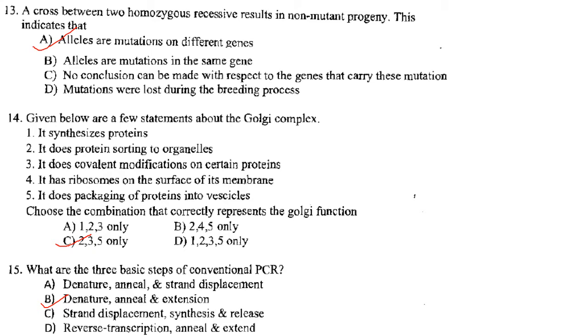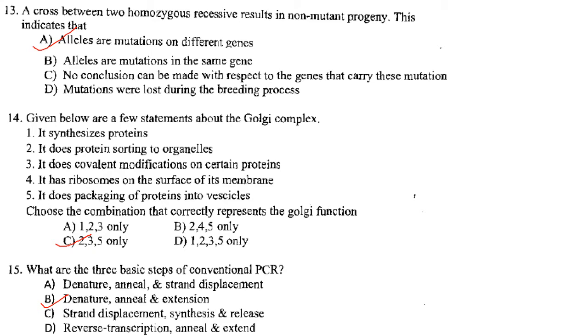Then next one. A cross between two homozygous recessive results in non-mutant progeny. This indicates. So a cross was made between two homozygous recessive alleles. Suppose it is AA and BB. Now this indicates that, and they got what? They got non-mutant progeny.